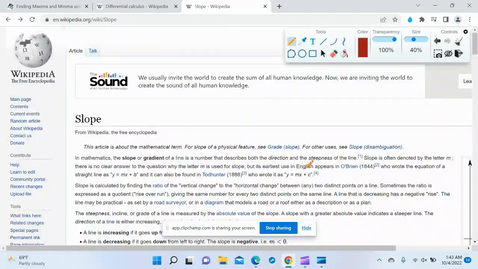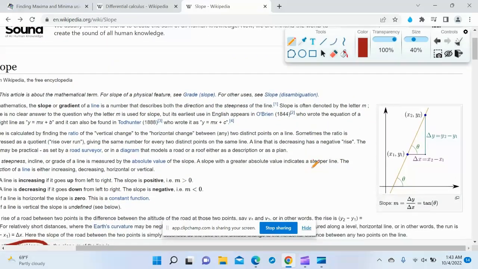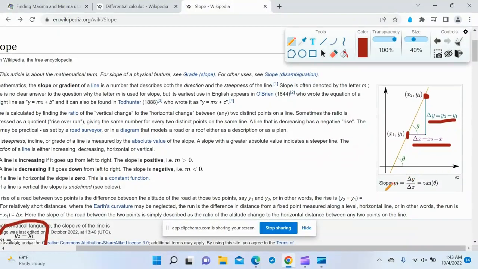Basically, suppose you are currently at a point with these y coordinates. Delta y and delta x mean the difference between x1 and x2, and likewise the difference between y1 and y2. So the difference between y2 and y1 divided by the difference between x2 and x1 is nothing but the slope.